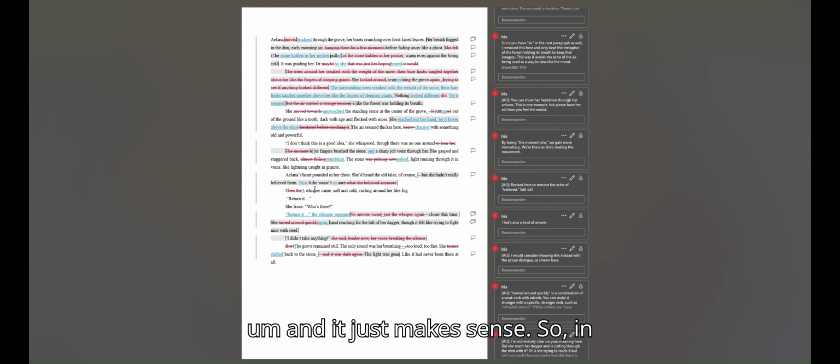So, in the original, here we have the then the whisper came, soft and cold, curling around her like fog. I removed the then the, and just made it a whisper came, soft and cold, curling around her like fog, because to me the then the here kind of functions as the suddenly a whisper came, or all of a sudden a whisper came, which isn't necessarily wrong, but it's done a lot and you generally don't really need it because we're already reading in succession what's happening, right?